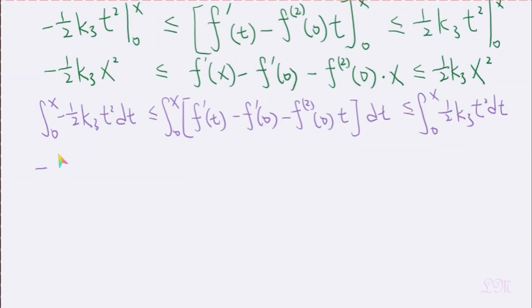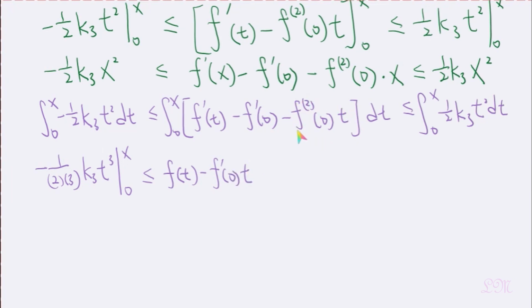Integrating with respect to t, so negative 1/2 times 1/3 k sub 3 t cubed. Here it comes again, an antiderivative of f prime of t with respect to t, so that's just f of t itself. Minus f prime of 0 is a constant, so an antiderivative of that would be f prime of 0 times t.